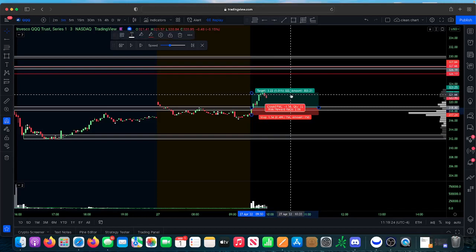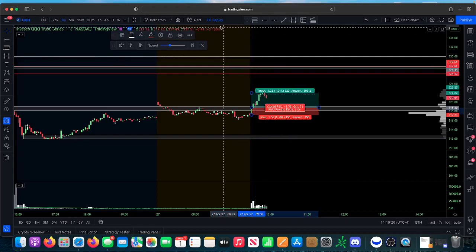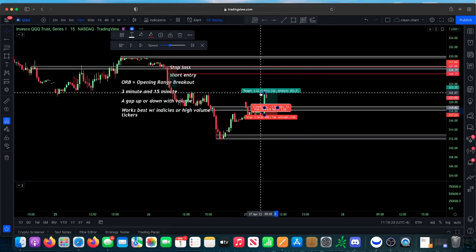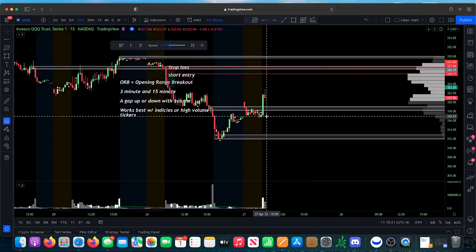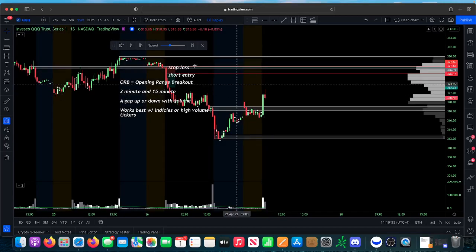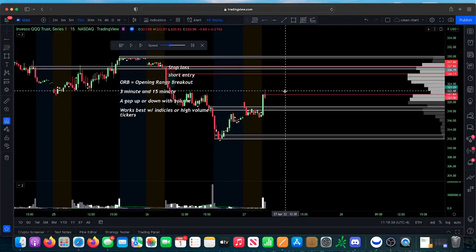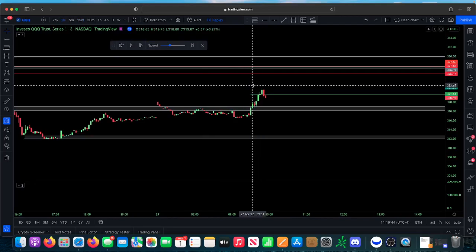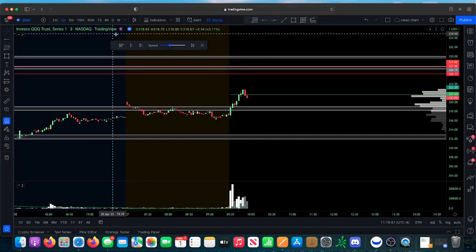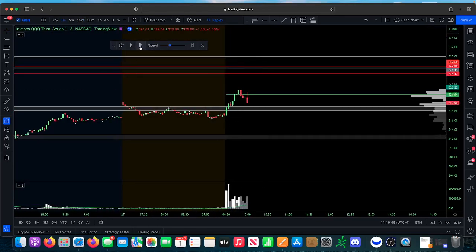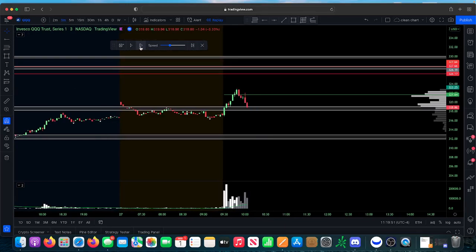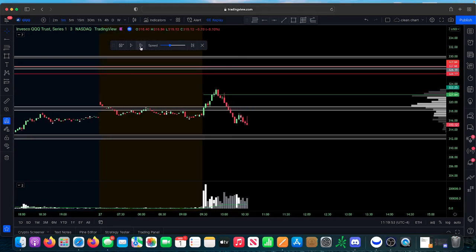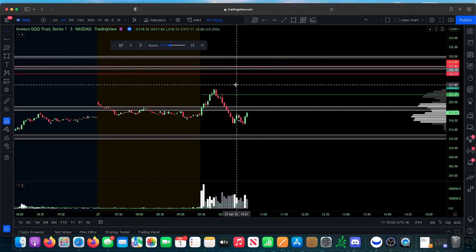Okay? And then with the 15-minute orb, it's the same thing, except you just take the first 15-minute candle, set the low and the high, and use those, right? So that would be your orb long. And I enter off the 3-minute. Looks like 15-minute would have been a loser.